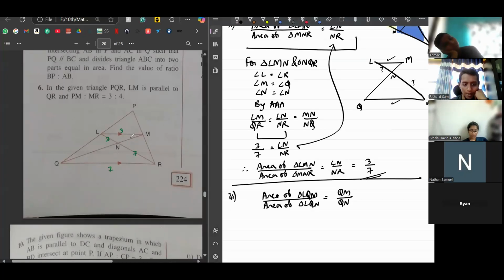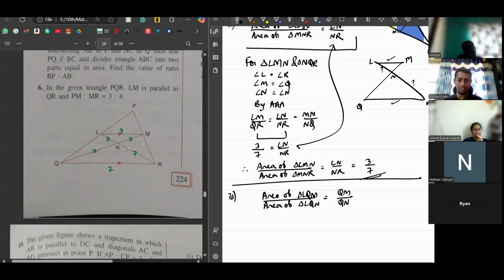In the same way, MN will be 3 and QN will be 7. Right? We're not saying that this is 7, this is 7. That's not what we're saying. The ratios are 3:7. Here LM to QR is 3:7, and this also 3:7. Separately, each of them are 3:7.